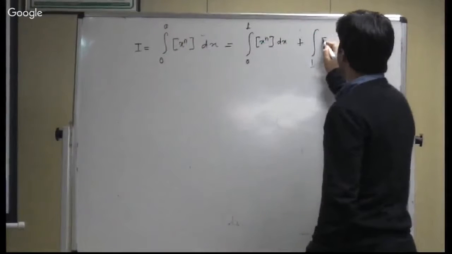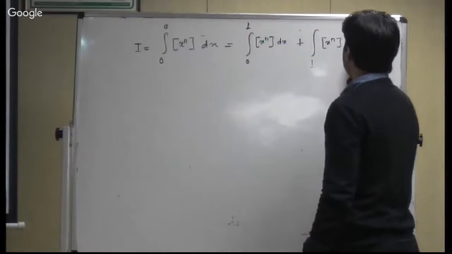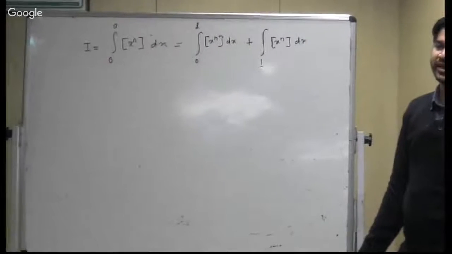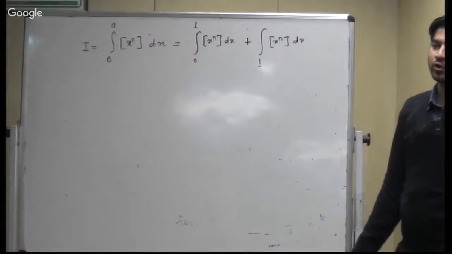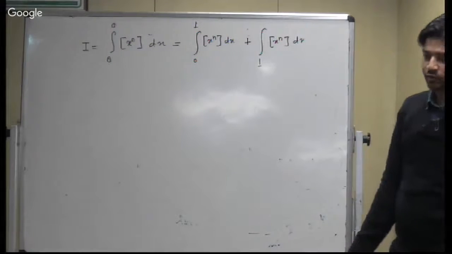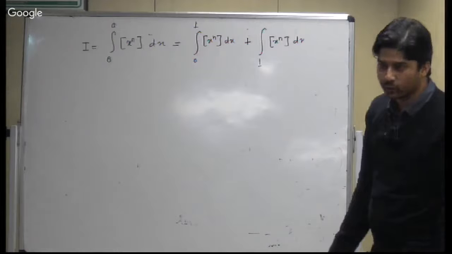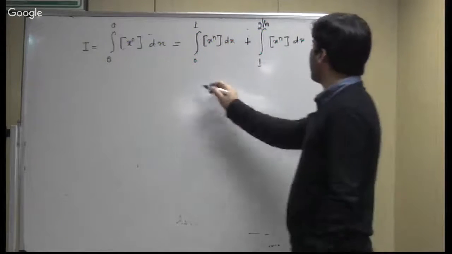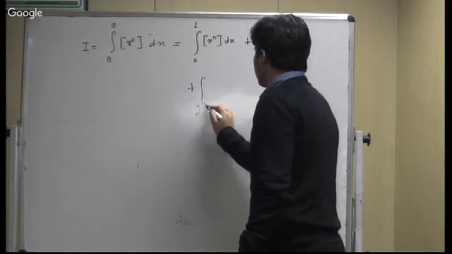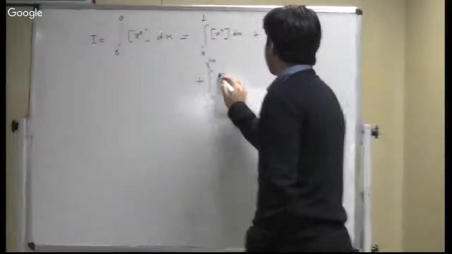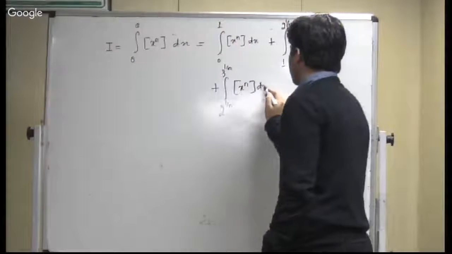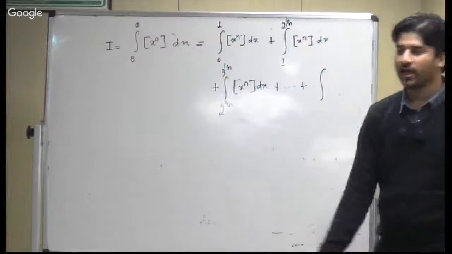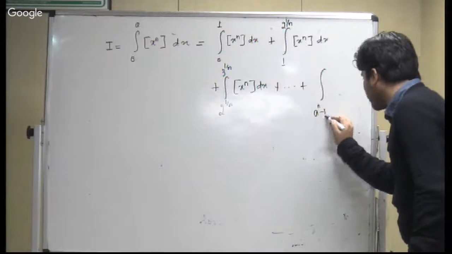Then 1, what will be the limit here? 2 or 2 to the power 1 by n? 2 to the power 1 by n, because remember the x square thing, we used to do root 2, the cube thing, cube root 3, and then up to a to the power n minus 1.